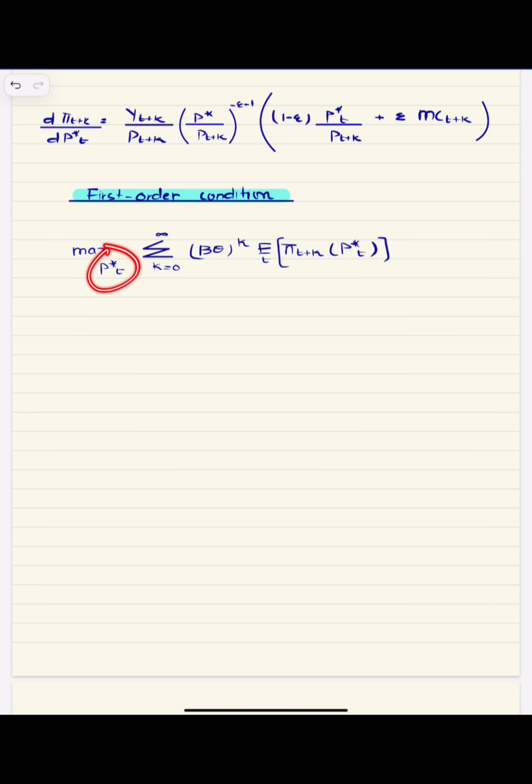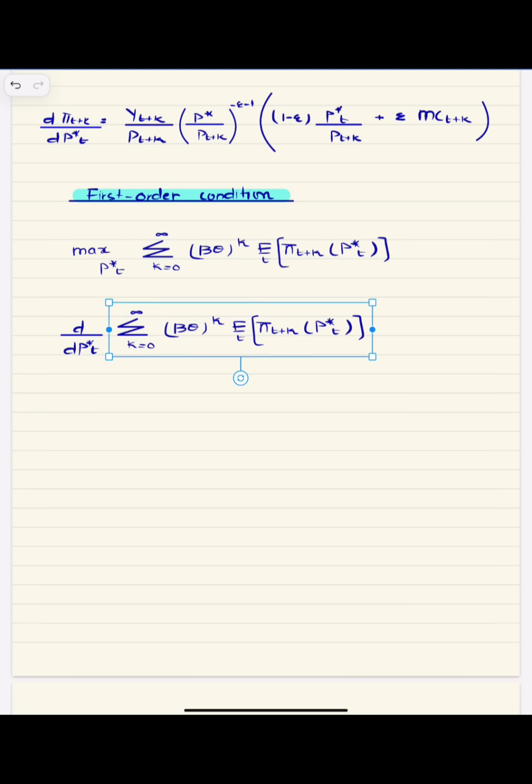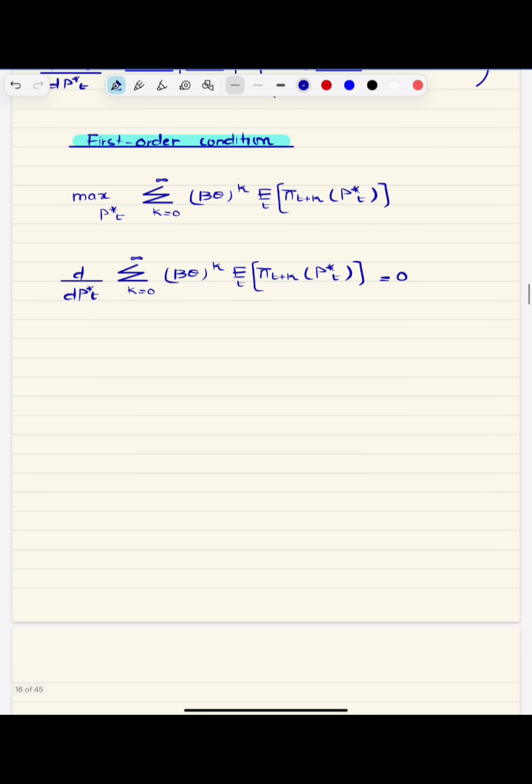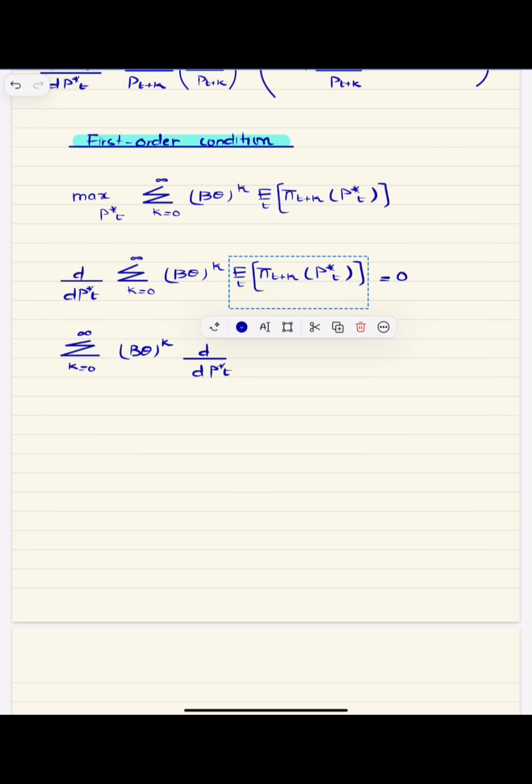Therefore, I need to take the derivative of the objective function p star t, and put it equal to 0. Okay, so the summation is on k, so this goes right here. The derivative will go inside. We're assuming continuous functions, expected value of this.